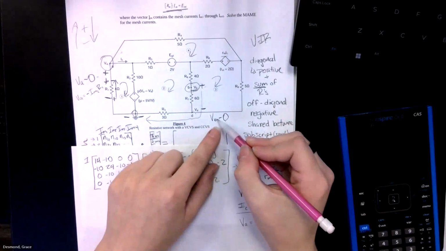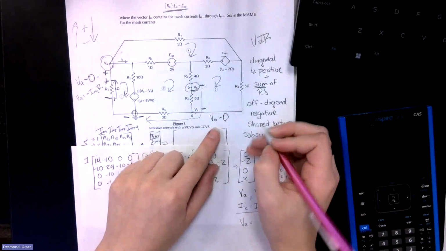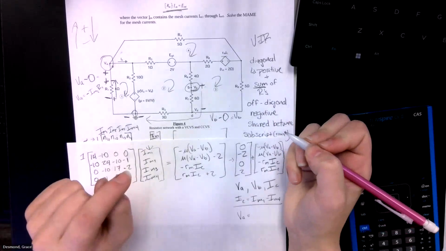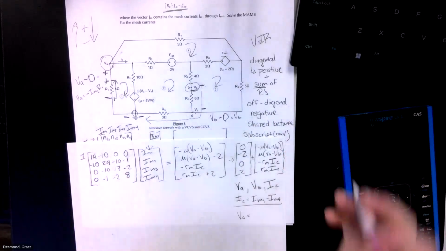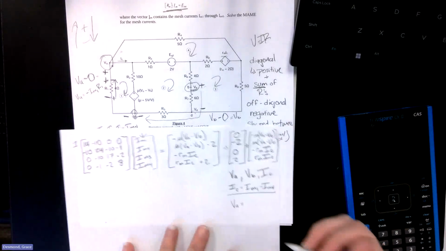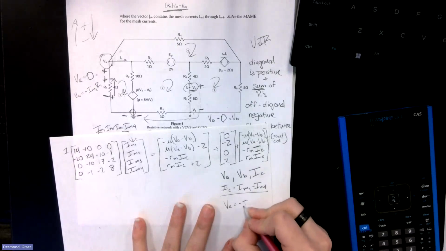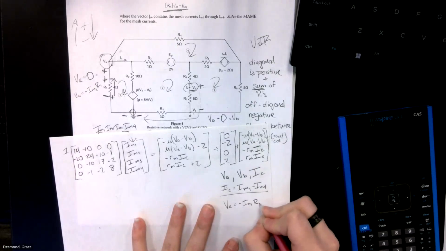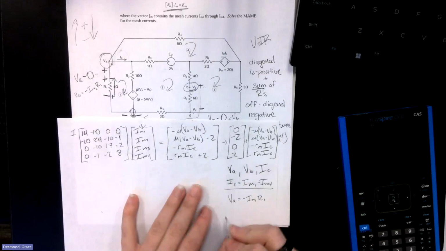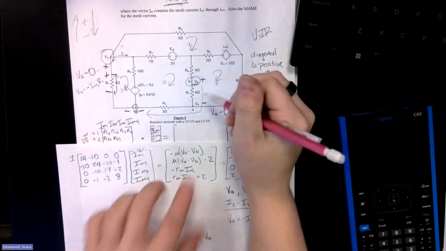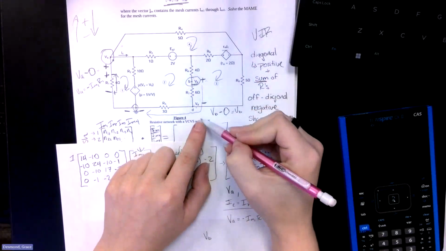So come back over here, VB minus 0 is equal to VB. We're out of space again. So I'm going to go like this is negative. We already wrote that. So VB, let's take the path, right?